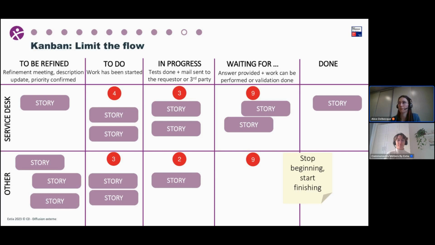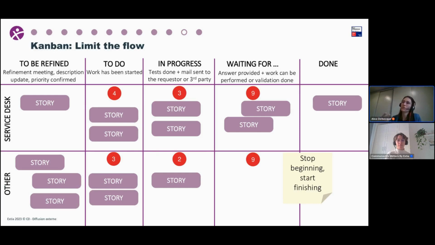All of that is answering a really simple principle, which is stop beginning and start finishing. You first have to finish the work already started before taking a new job. This is really the aim before taking a new item.